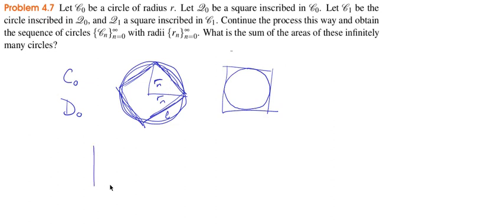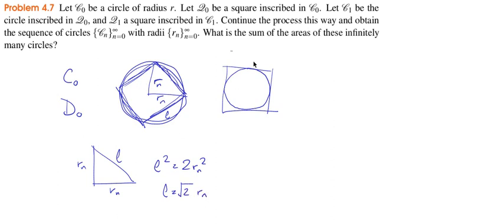So this is just an application of the Pythagorean theorem. This is the side of the square, and these are the two radii of the circle, and the equation is L squared equals 2 r_n squared. So L is the square root of 2 times r_n.